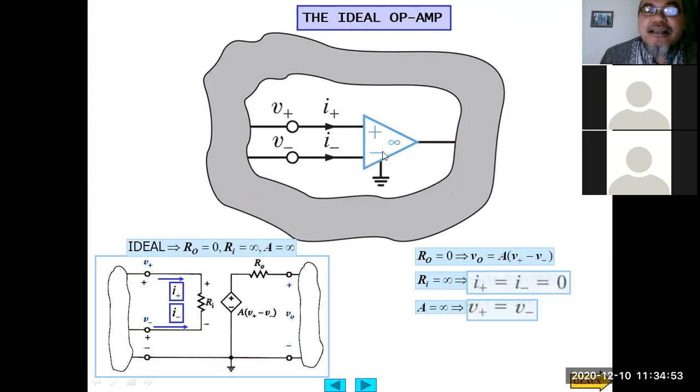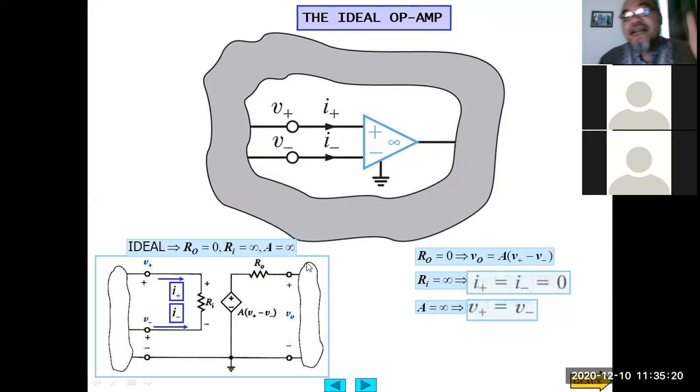Inverting here means the negative terminal of the op-amp. This is the symbol, right? The circuit model is like this. Remember the model has an input impedance or input resistance, and then the second block is a voltage-dependent voltage source whose value is a gain A multiplied by the difference between V plus and V minus.